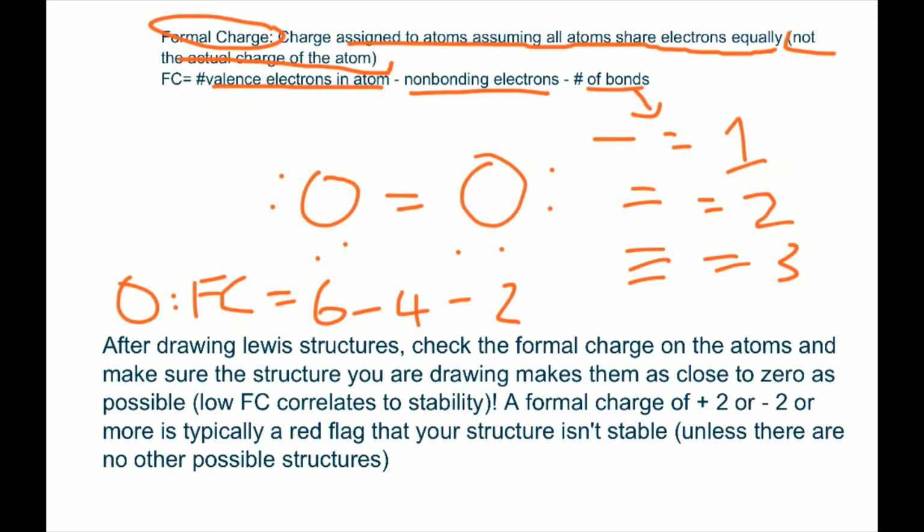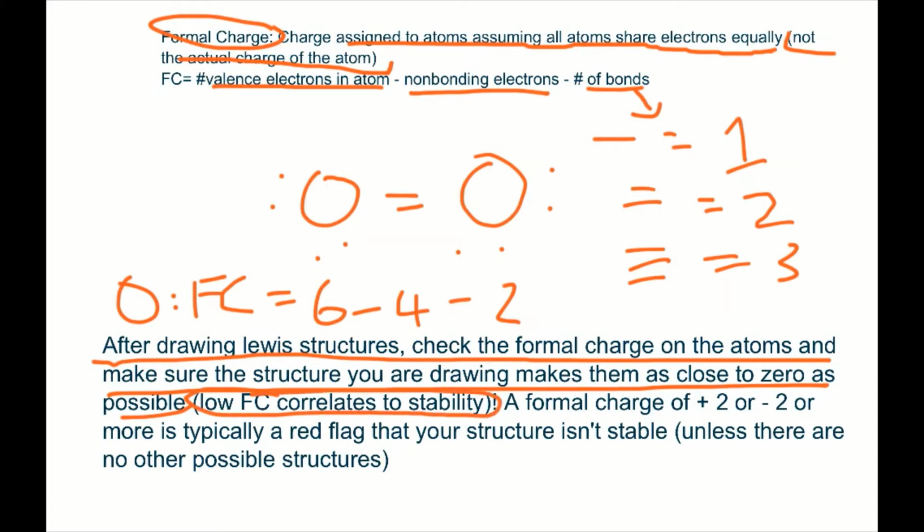And if it's a triple bond, which is technically just 3 single bonds combined together, although this is not accurate, but you could think of it that way, that's equal to 3. So after drawing Lewis structures, check the formal charge on the atoms and make sure the structure you are drawing makes them as close to 0 as possible, because low formal charges correlate to stability.